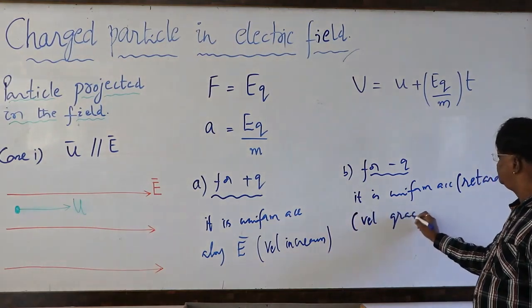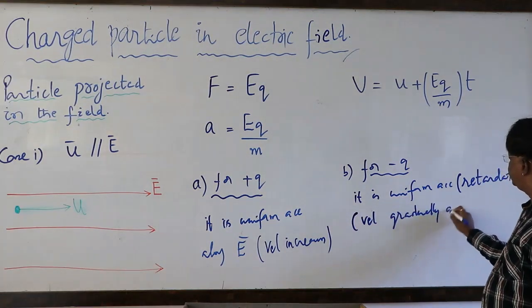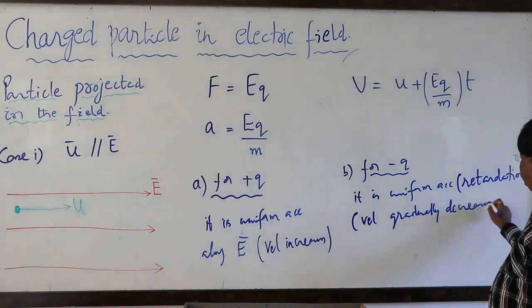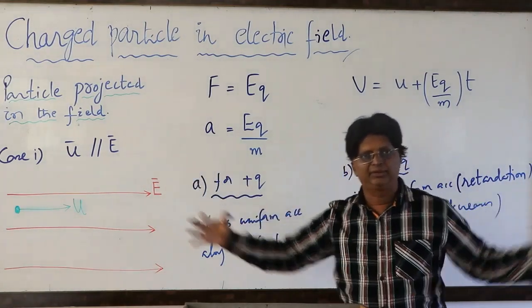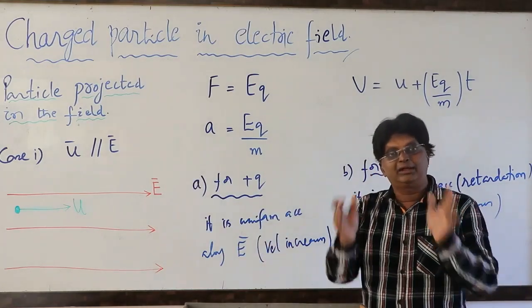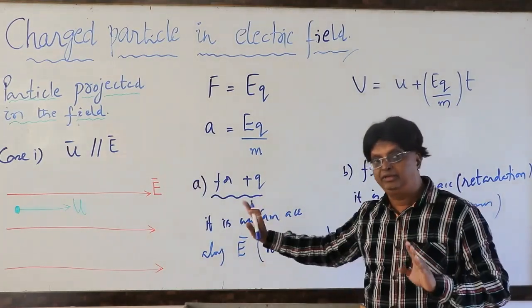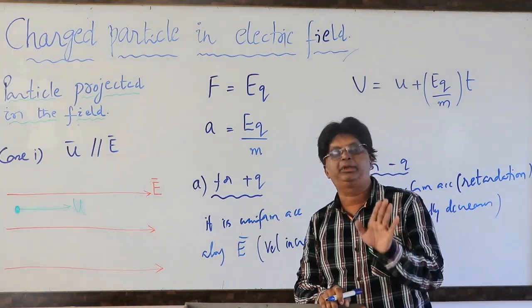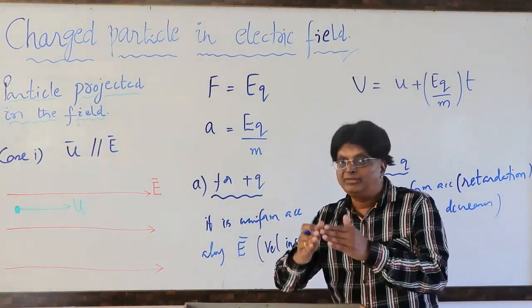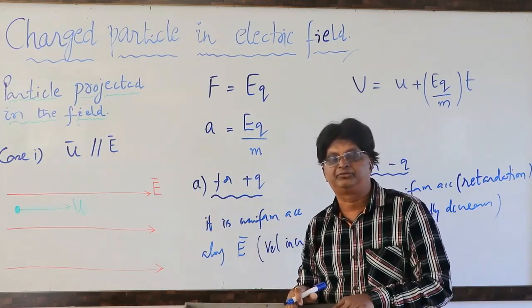Remember, one thing is that here we have taken a field over a very large region, right? As long as the charged particle is in the space of the electric field, so long there will be acceleration, right? Once it comes out of the electric field, what happens?